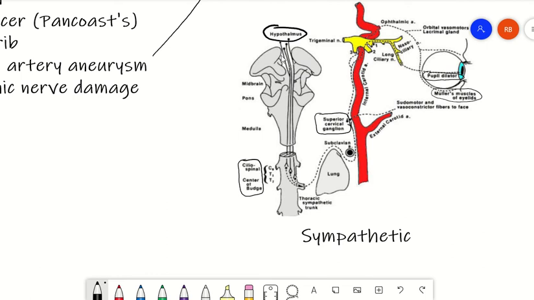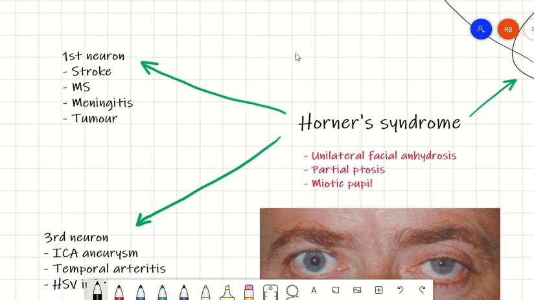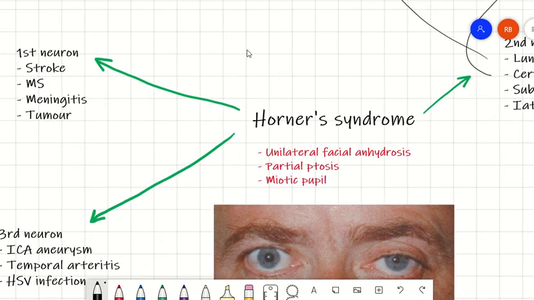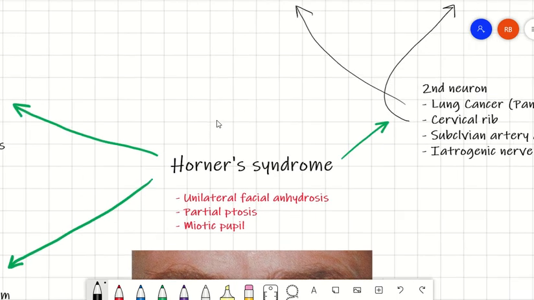So any lesion along that pathway is going to produce some defect. A few causes could be a stroke, multiple sclerosis, meningitis, or a tumor, and that could compress one side of the sympathetic chain and produce symptoms of Horner syndrome on that side.